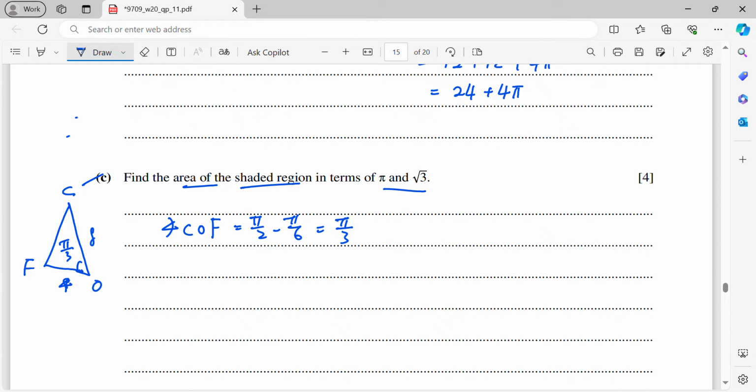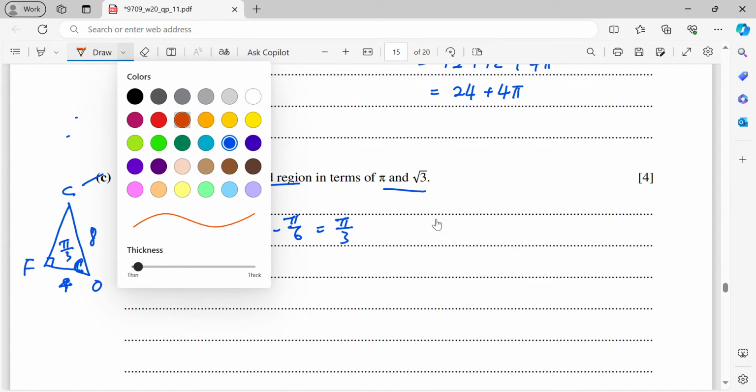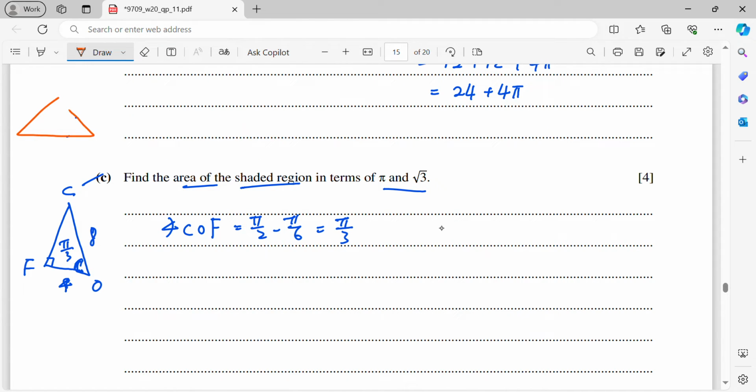Okay, so now if you have this triangle, even if it is not a right angle triangle, you also can use this method. Our formula is this. As long as you know two sides and the angle bounded by the two sides, the area is half AB sine theta.